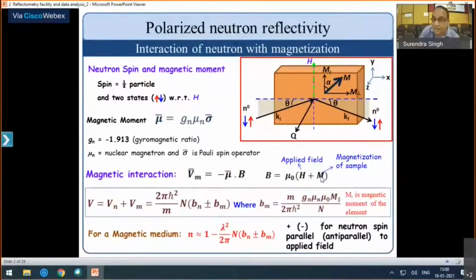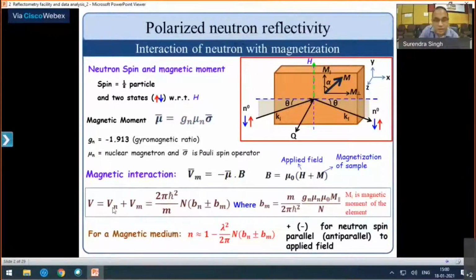If there is an applied field, a magnetic layer and a non-magnetic layer, the applied field is always there, but you don't see any contrast due to the applied field. We have a magnetic sample which has intrinsic magnetization. So this will give a magnetic potential, and the potential gets modified.